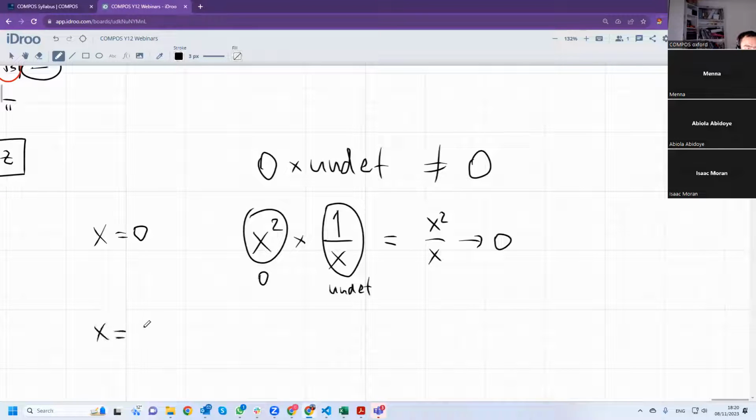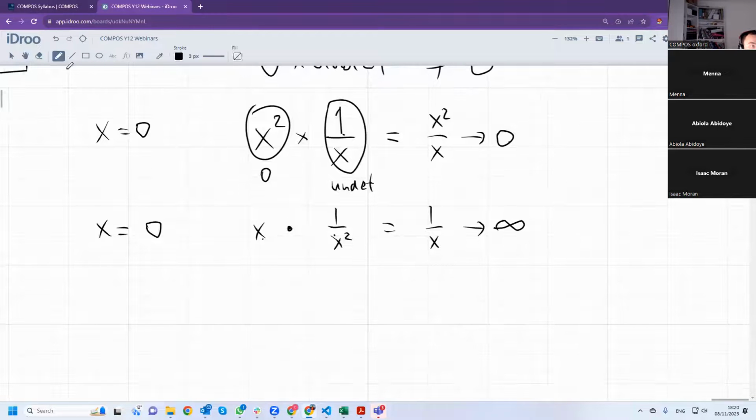If x is 0 and you have x multiplied by 1 over x squared, this expression is 1 over x, so it tends to infinity. So this is 0, this is undefined, and when you multiply them, you get infinity.